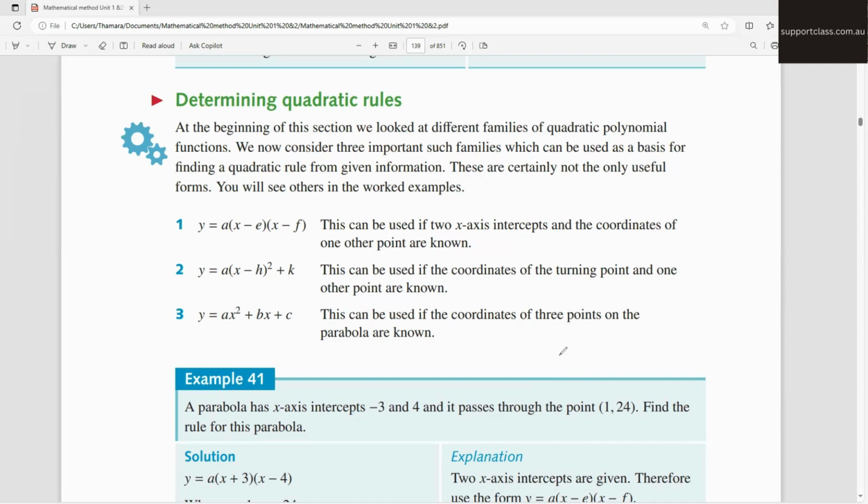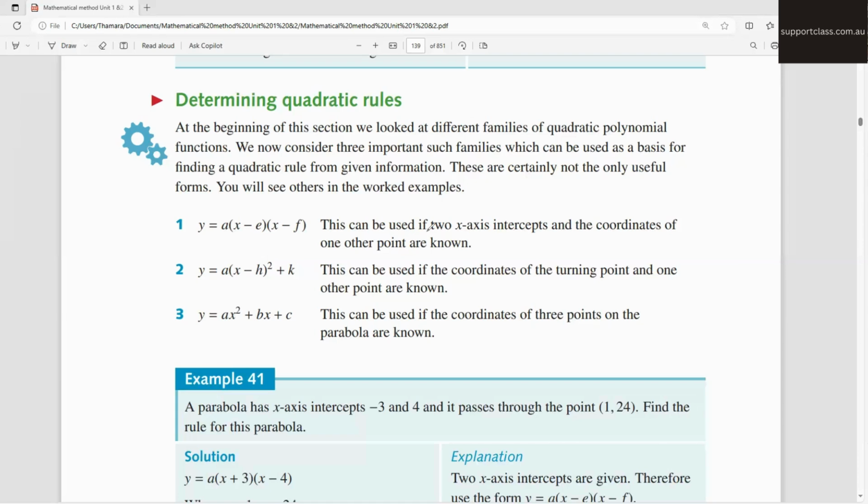Now today we're going to learn, if we provide certain features of the graph, such as x-intercepts or turning point details and the coordinates of one particular point on the graph, how do we make the formula, or predict the formula, and also plot the graph.